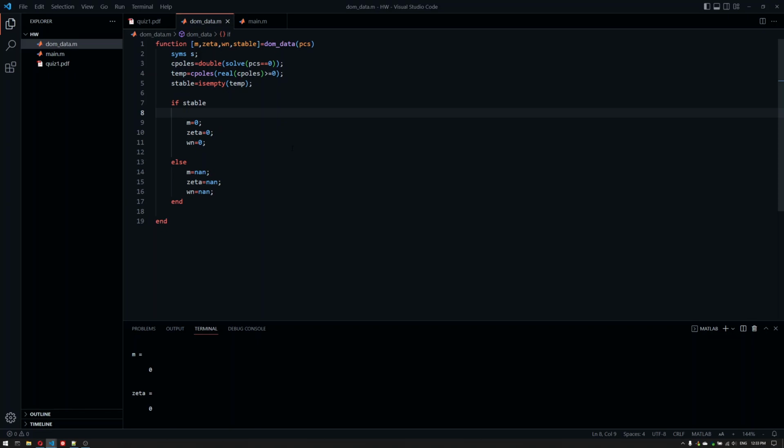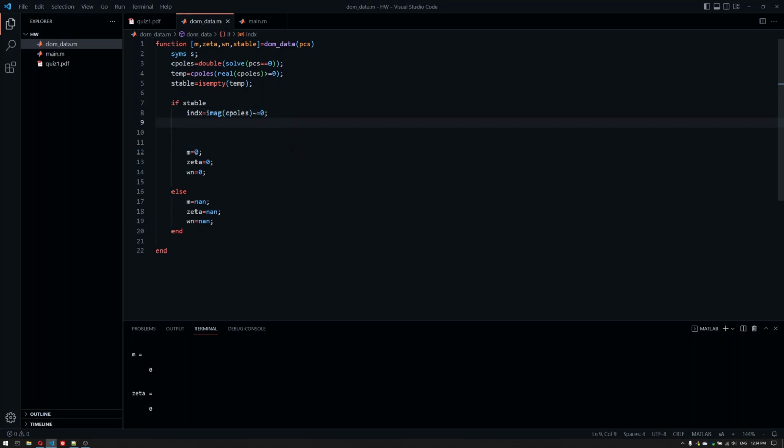So for that, we need to eliminate the ones that don't have imaginary parts. So from the poles, I get the imaginary parts. If they are not equal to 0, I'm interested in them, because these are probably the complex conjugate ones. So let me show you them.